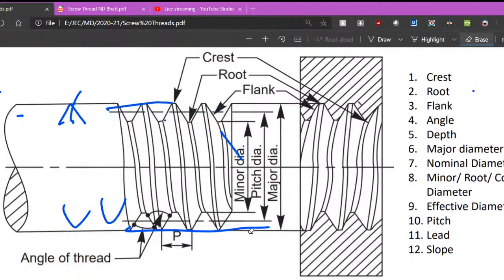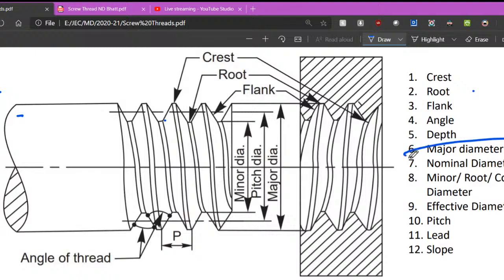Okay, so this one. So now you know why we call it major diameter: when we cut the thread, due to the material deformation, the thread crest goes beyond the nominal diameter.